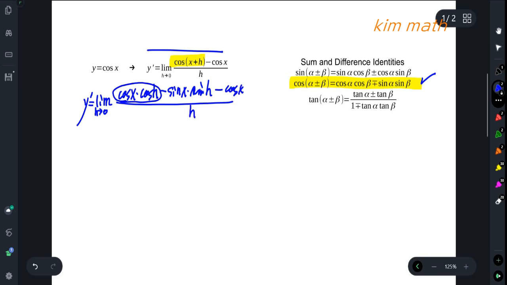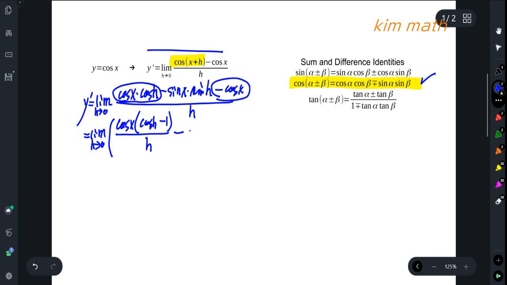Please note that from the first term and the last term, we have a common factor. Okay, so if we factor out this one, after you combine these two things, then cosine x times cosine h minus 1 over h.